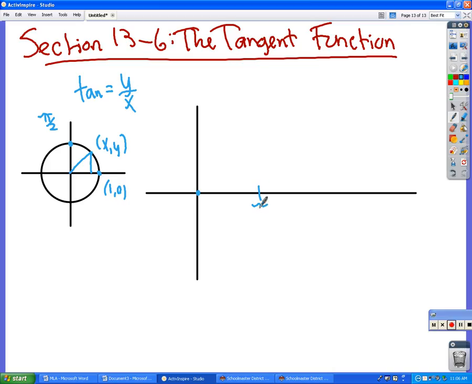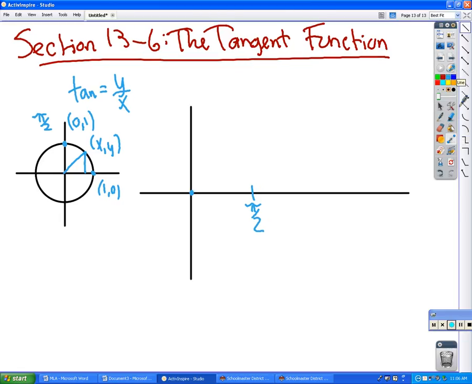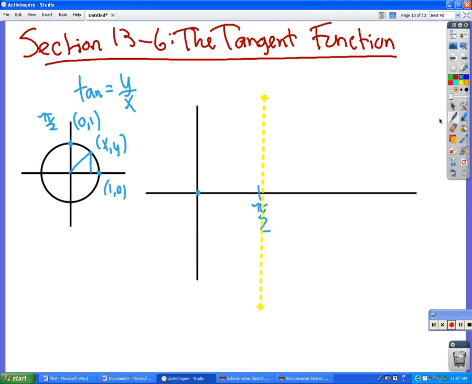So at pi over 2, something bad happens, as Mary pointed out, because the coordinates of this point are 0, 1. So if I try to go y over x in this case, I'm going to try and go 1 divided by 0, which is undefined. And so unfortunately, there is a vertical asymptote right here at pi over 2.